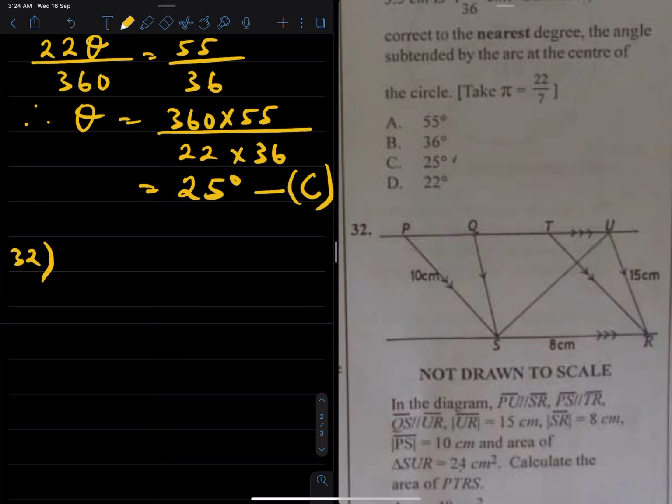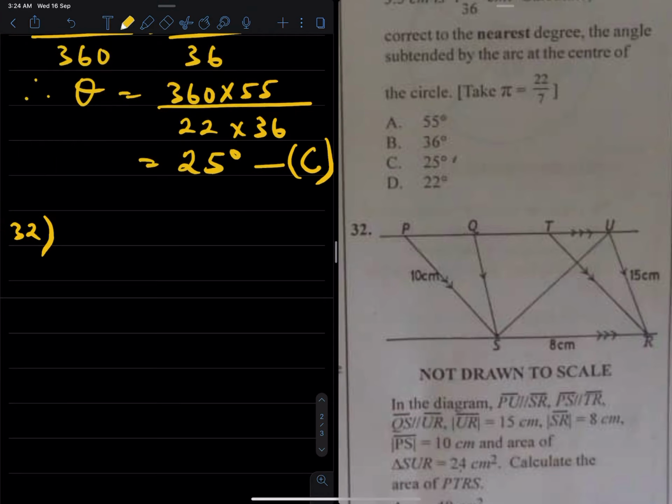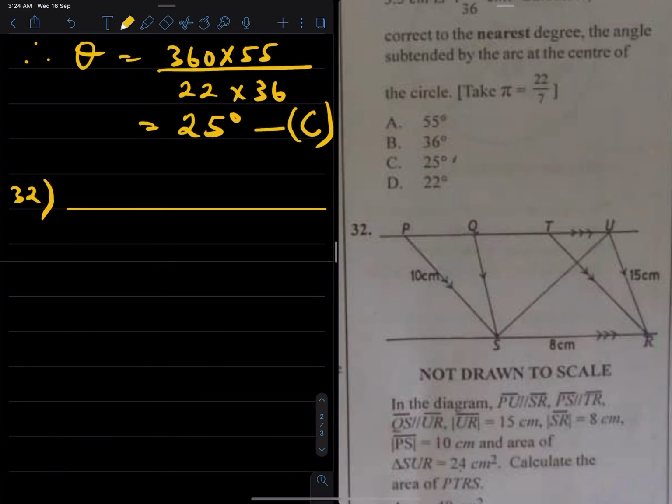Okay, here we have a diagram. That's a simple diagram. We have this, and then there's a straight line here. There's another one here.